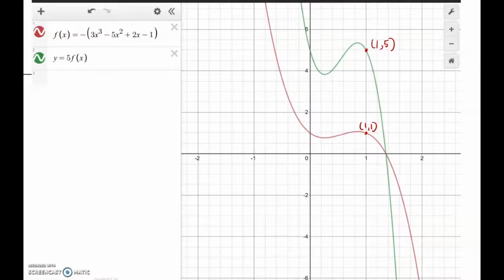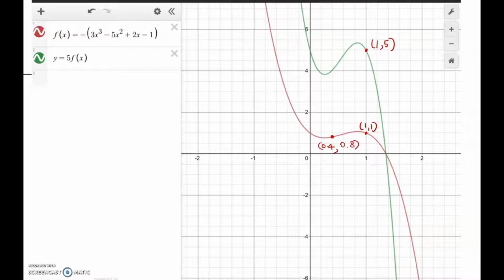Let's just check out another one. This guy right here, that would be 0.4 and about, I'm guessing, 0.8-ish.